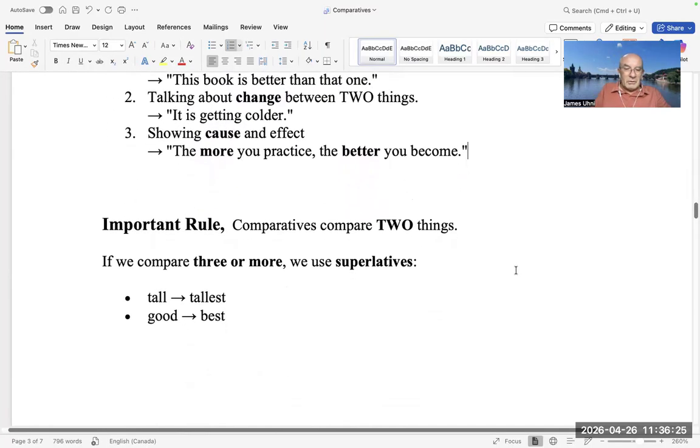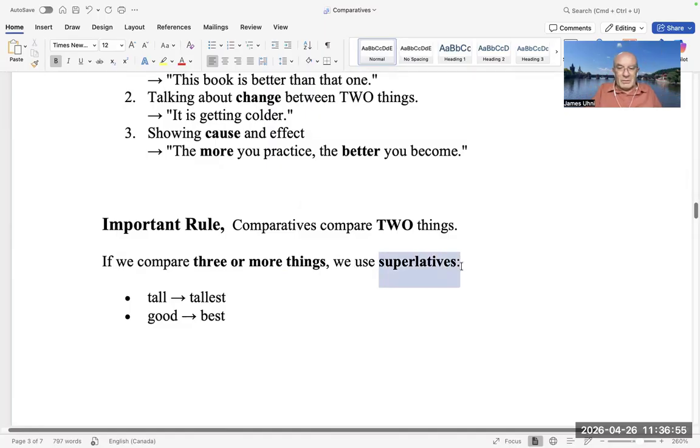Important rules. Comparatives compare two things. Okay? If we compare three or more things, we use superlatives.